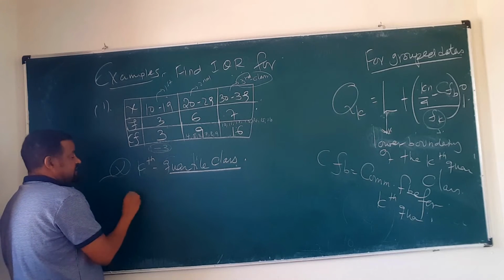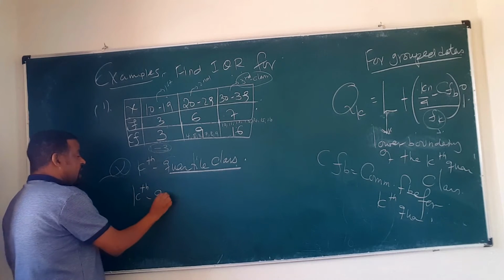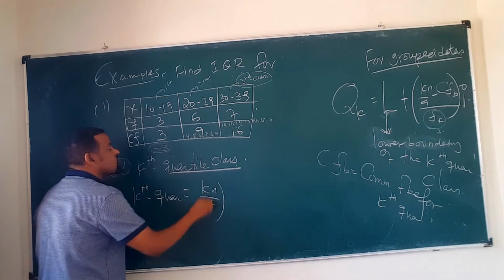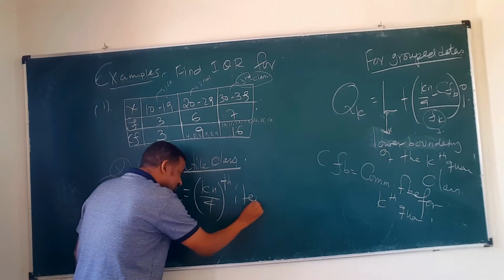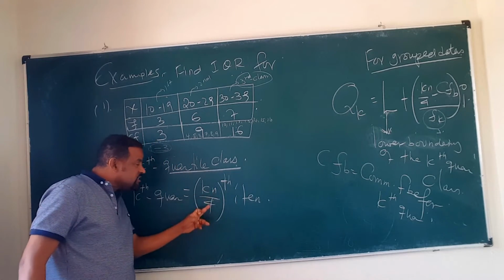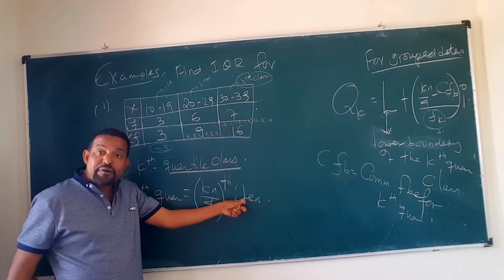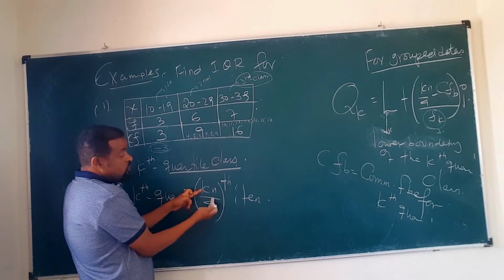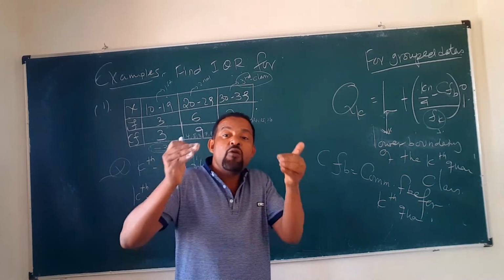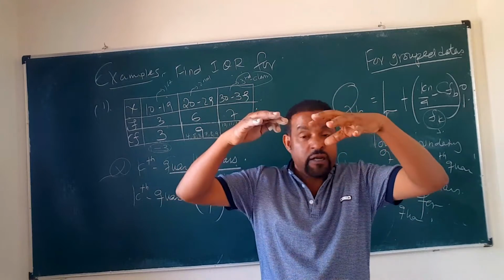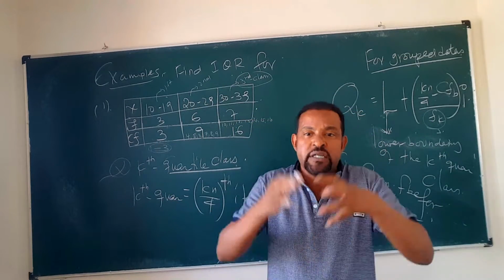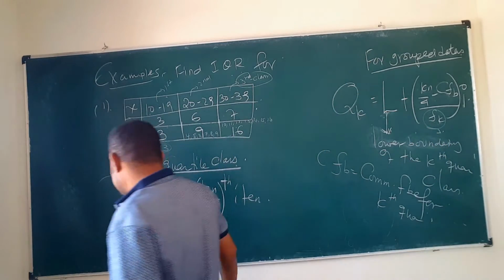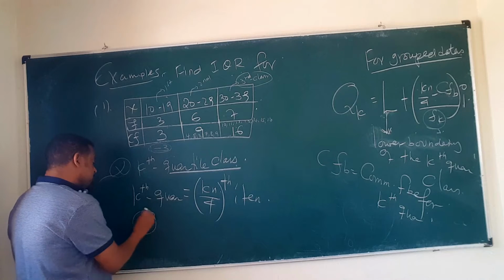The k-th quartile class is given by the formula kn over 4's item የሚገኝበት ክላስ ማለት ነው. ለምሳሌ አሁን ሚዲያን ቢሆን n over 2 ይሆናል. አሁን ሚዲያን ካልኩሌት ስናደርግ n over 2, n ማለት the number of the data ነው. So n means the number of the data አጠቃላይ ዳታዎቹ ለሁለት የሚካፈልበት ክላስ, that is the median class.